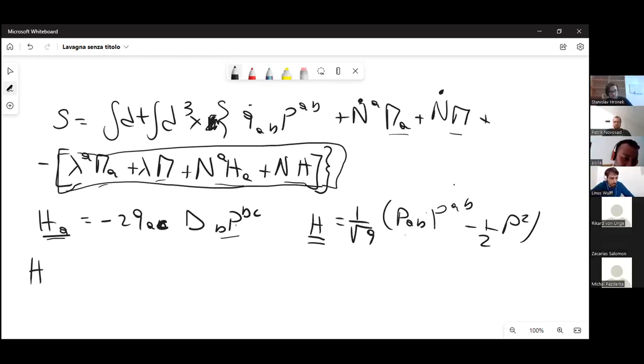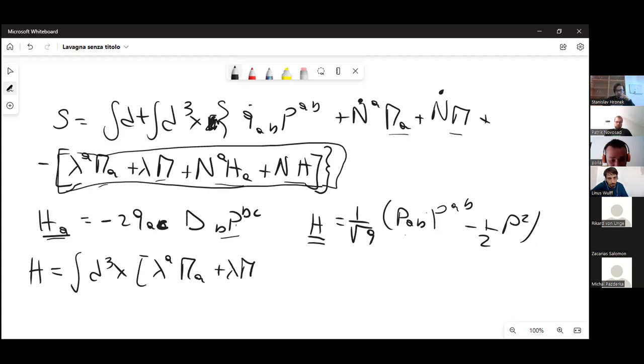Maybe the notation is quite misleading, but it's important, at least to me, to write it as H, because they are, as I told you, the Hamiltonians. So the total Hamiltonian here will be just the integration over d^3x of lambda^a pi_a plus lambda pi plus N^a H_a plus N H. Okay.